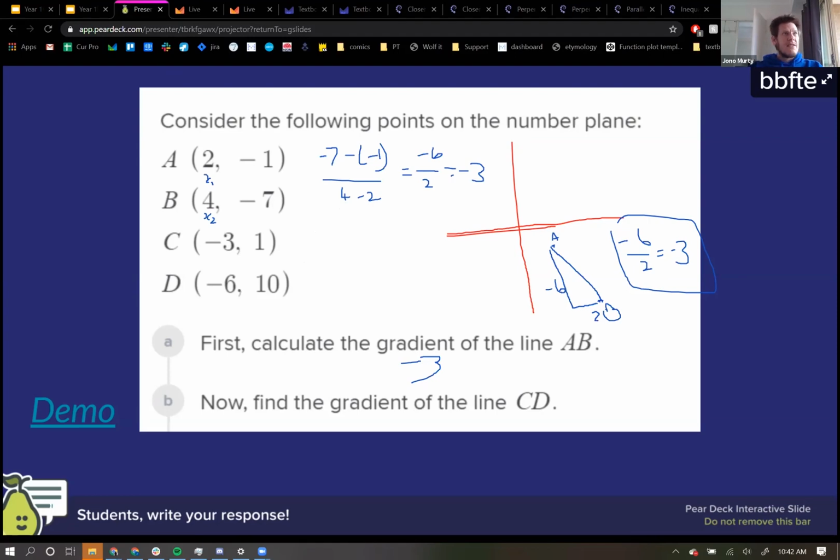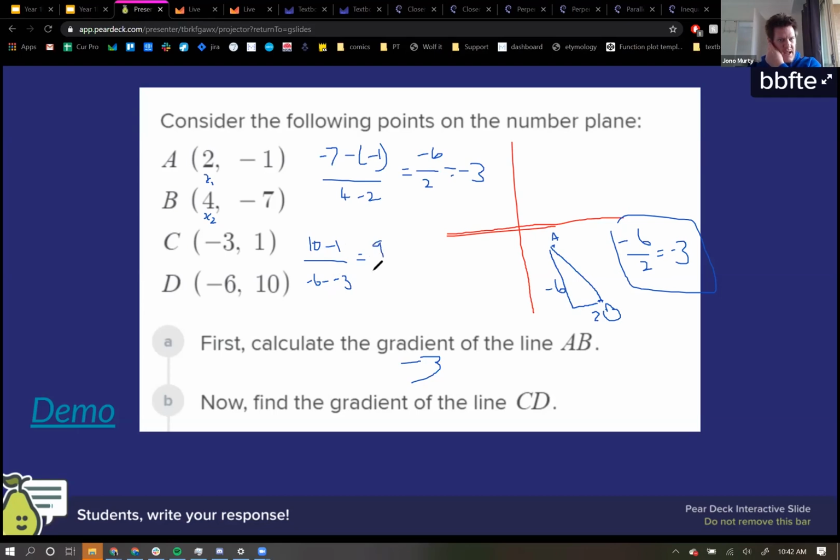Awesome. Lena has actually anticipated the next question and stated that AB and CD are parallel, which was the exact point of this question. Let's quickly do this one again. So I've got 10 minus 1. I'm just going to pick this one as the second point, even though this one is to the right, just to show you it doesn't matter. 10 minus 1 over -6 minus 3.